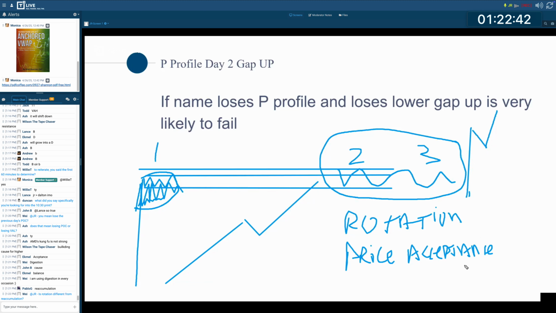Rotation, as we discussed during the auction market theory section, is the term for when you have a balanced profile, when you go from top of value to the bottom of value and rotate within a specific fair price area, the value area. Does that make sense?